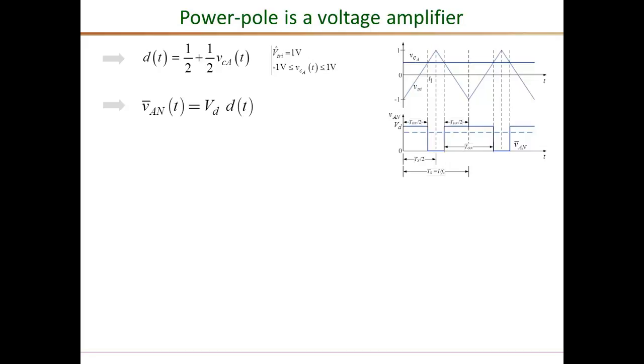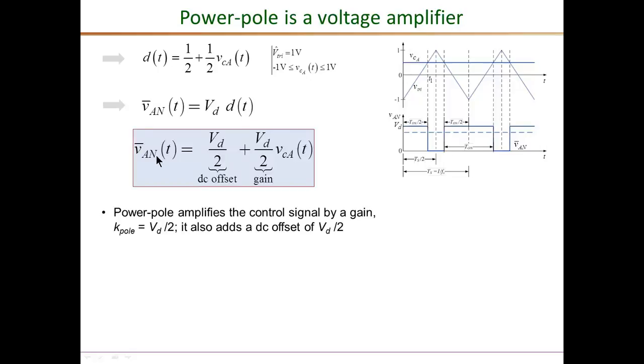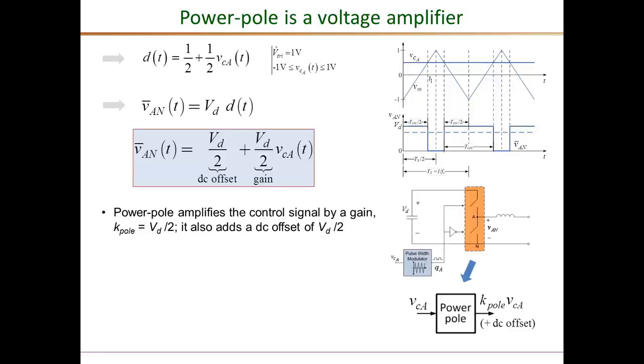And in the previous slide, we saw that the average pole output voltage VAN bar is VD times D of T. Putting these two together, the pole output voltage in an average sense is VD over 2 plus VD over 2 times VCA of T, the controller's output voltage. So the switching power pole in an average sense is essentially a voltage amplifier. It amplifies the control signal by a gain of VD over 2, and it also adds a DC offset.